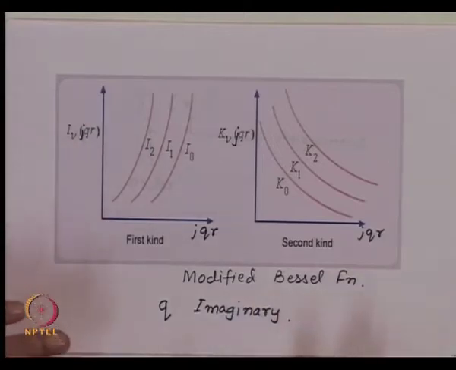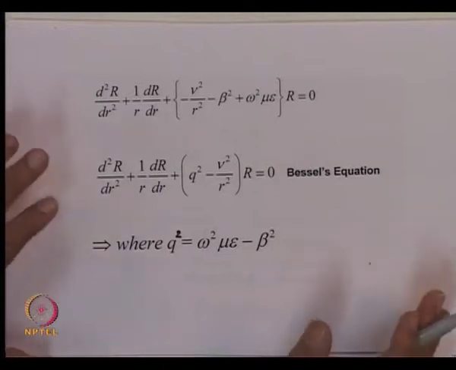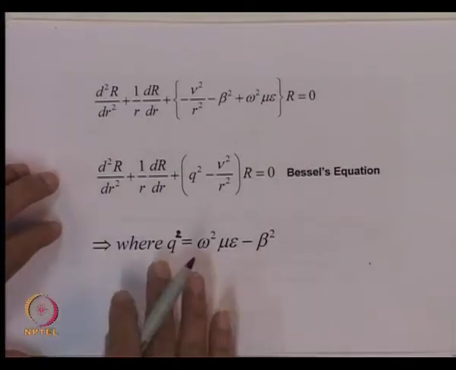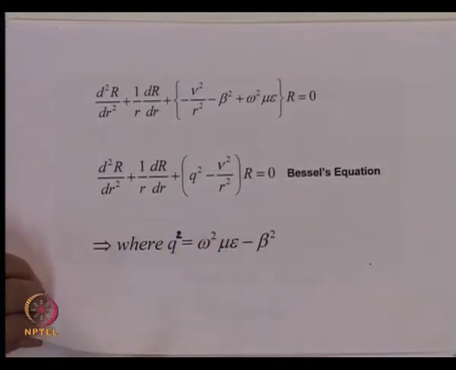Or in other words, Q has to be real in the core and Q has to be imaginary inside the cladding. So, what we are saying now is that this quantity Q is real in the core and Q is imaginary inside the cladding. We will come back to this, what this physically means.